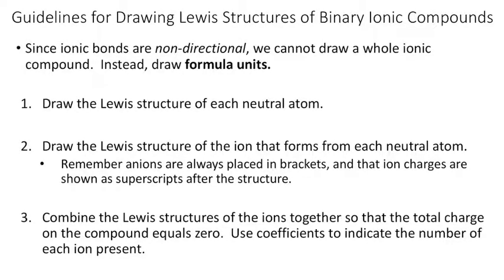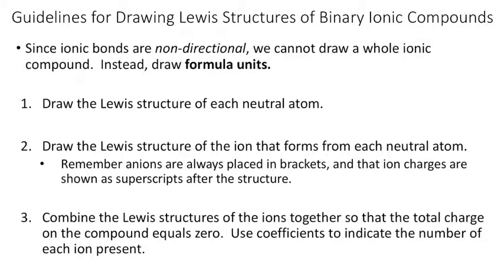Now, in terms of guidelines for drawing the Lewis structures themselves, it can be broken down into 3 steps. Number 1, we're going to draw the Lewis structure for each individual atom that is involved in the compound. Number 2, we're going to draw the Lewis structure for the ion that forms from each of those atoms.